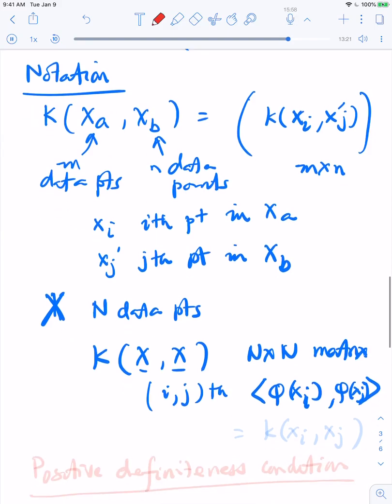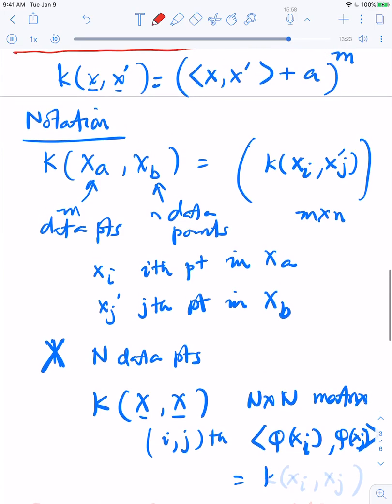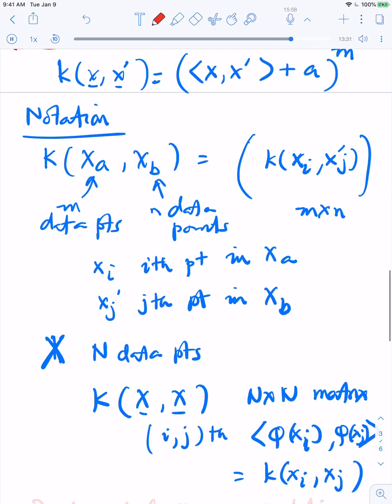Except that you're not actually computing it explicitly via features, you're just doing it using the kernel. So we'll use this notation quite a bit.